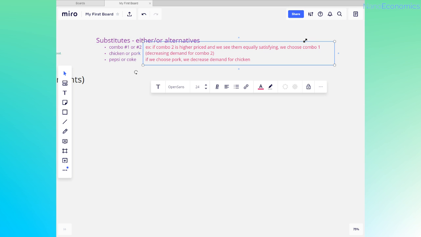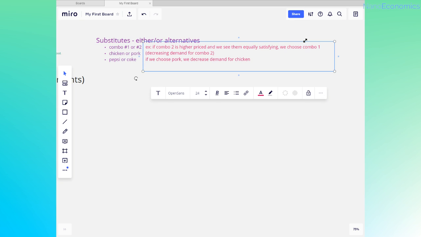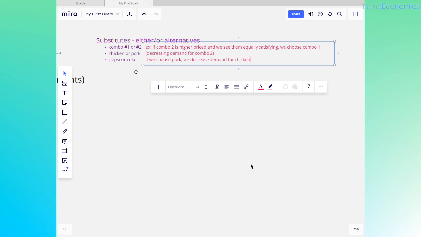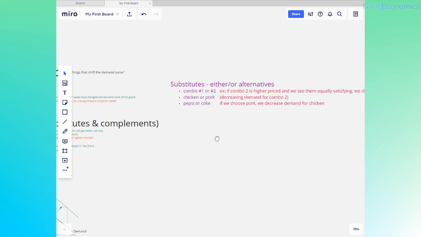At the restaurant, for example, if we choose Pepsi, we decrease the demand for Coke, or if we go with Pepsi because of differences in price when we see them equally.